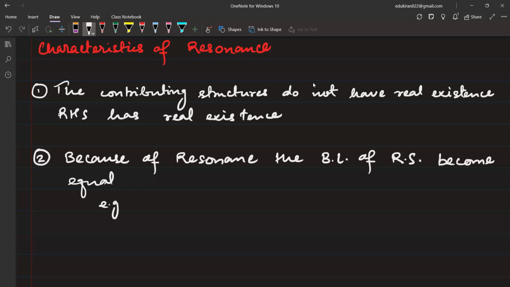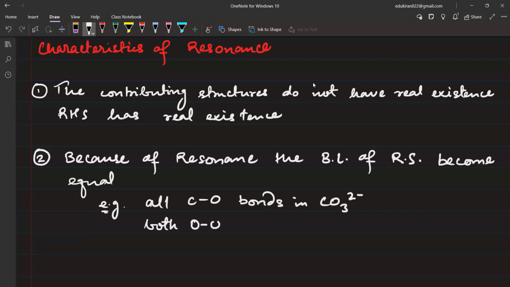So for example, all CO bonds in CO3 2 negative are equal. Both oxygen bonds in O3 are equal. Similarly like this.